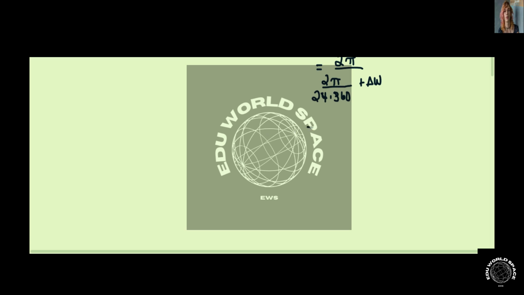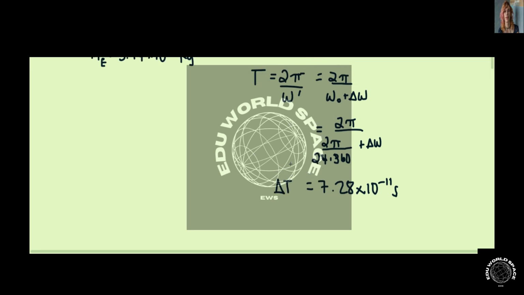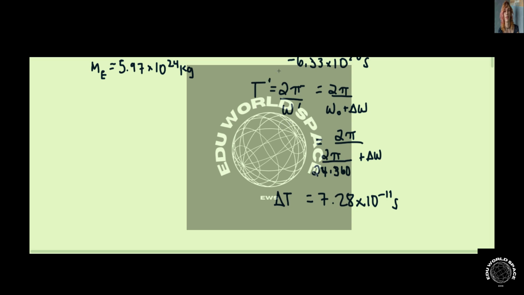And so we get 7.28 times 10 to the minus 11 seconds. So that's how much it changes by. I just did this. I guess I should have called this T prime, the new T, minus the original T, which is 2 pi over 24 times 3,600.